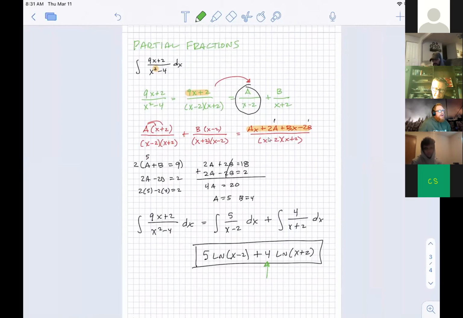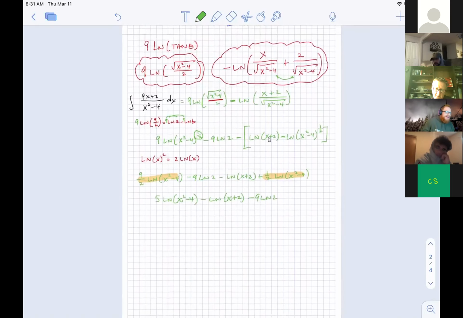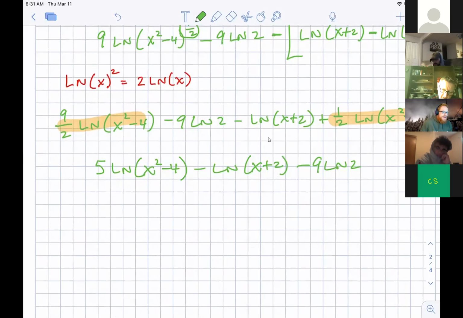Also, in that answer, we don't have x squared. It's just x. Well, that's right. That's x squared, isn't it? So let's think about this a little bit. Isn't this 5 times the natural log of, hey, doesn't that factor to x minus 2 times x plus 2? And aren't those multiplied?